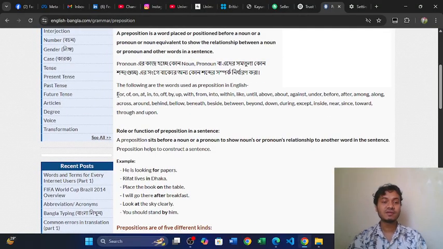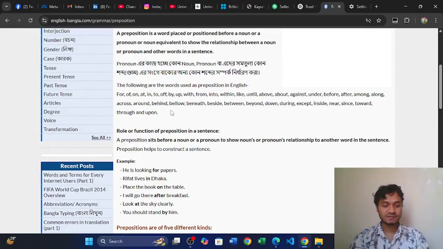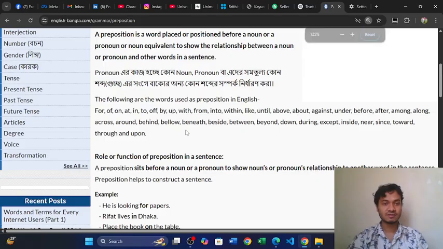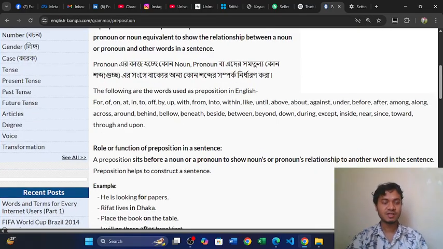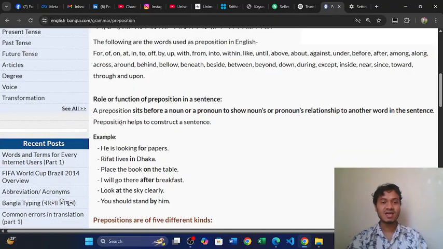So here we see all those prepositions, and I will show you some with zoom. If you want to see the role or function of a preposition in a sentence, a preposition sits before a noun or a pronoun to show the noun's or pronoun's relationship to another word in the sentence.